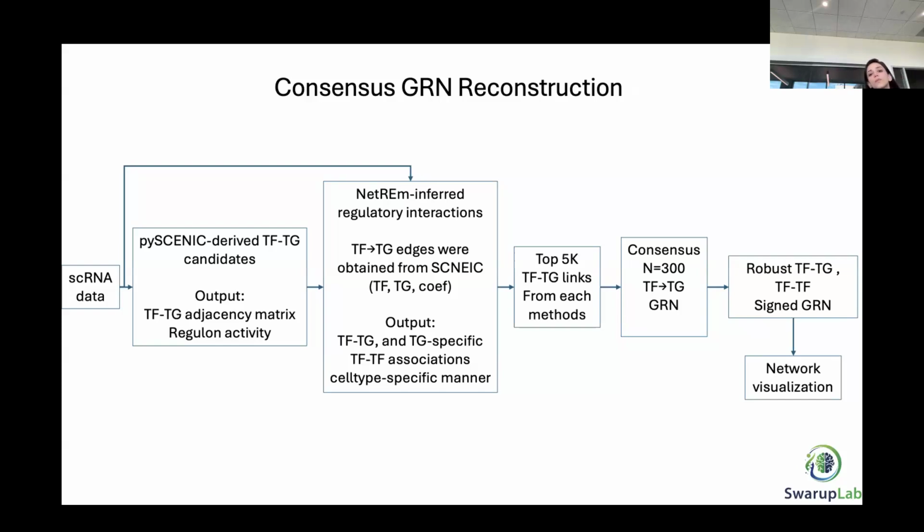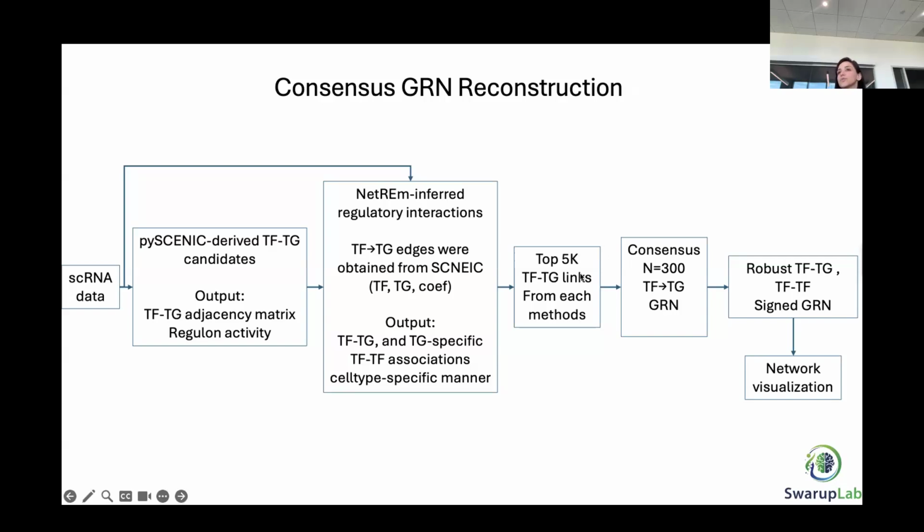That's a really good question. But the TF-TG links, because you can imagine every transcription factor is affecting the target gene, so you have a huge list from both methods for the TF-TGs. These numbers are very arbitrary, to be honest.